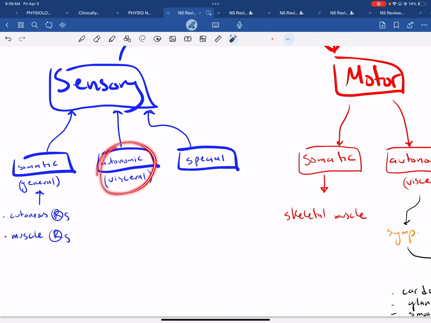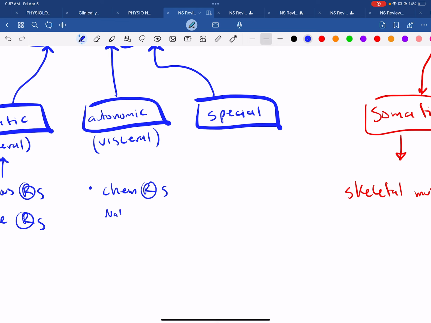Versus, and then Ali, you had a question about a visceral sense. These are chemoreceptors. There are dendrites in the organs, in contact with the fluid, sensing things like sodium concentration or the pH.